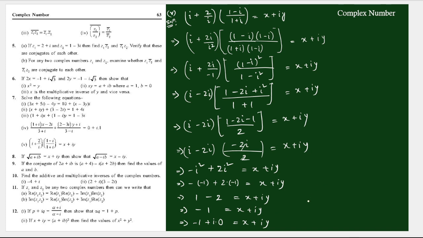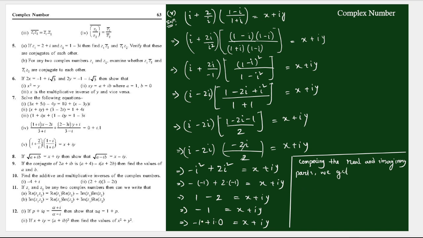So comparing the real and imaginary part, यहाँ लिख देते हैं. Comparing the real and the imaginary part, we get, क्या आएगा?